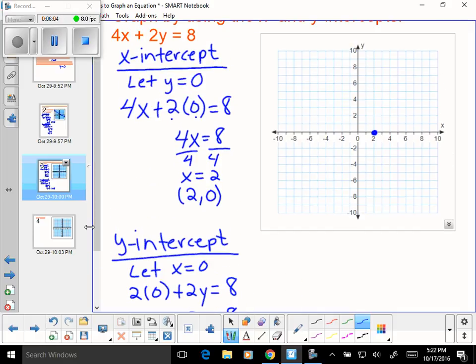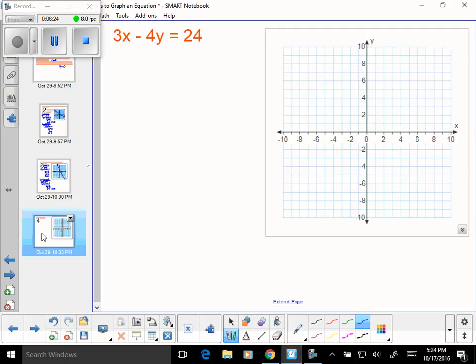Back to my grid. 0, 4. And I'm going to put in some points and then draw the line. You can line up your ruler and do the line. And once you have graphed your line, it should look something similar to that. And again, with the last example, please hit pause, and then I will go through it.